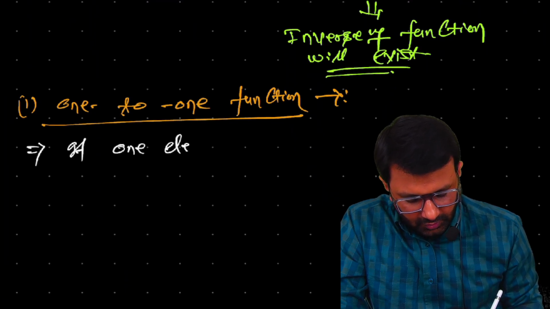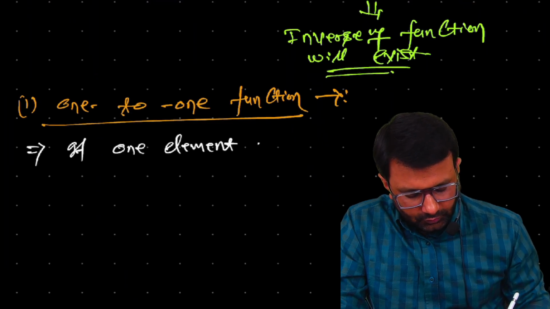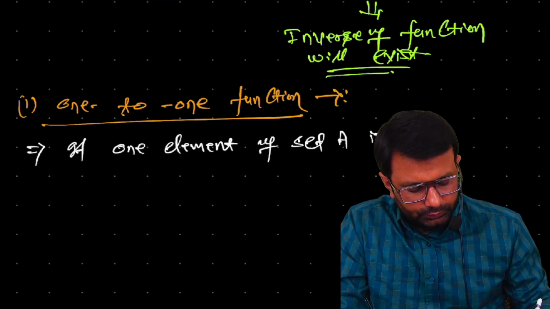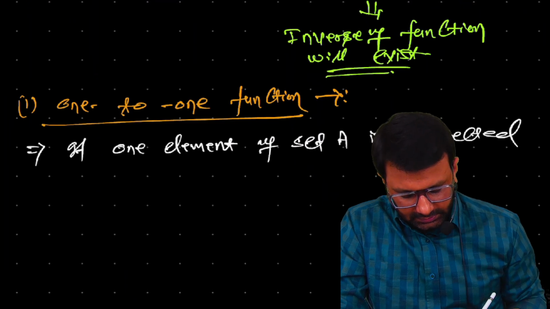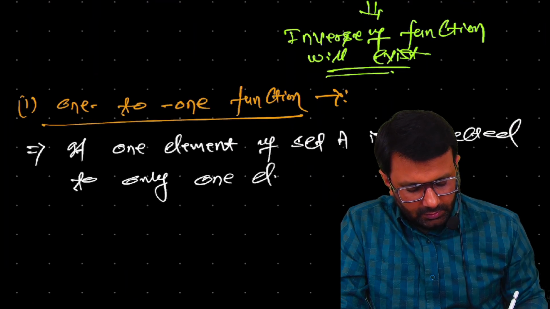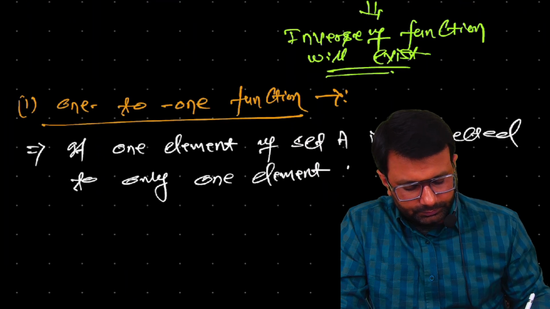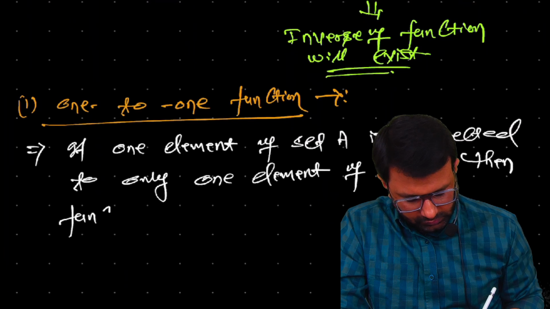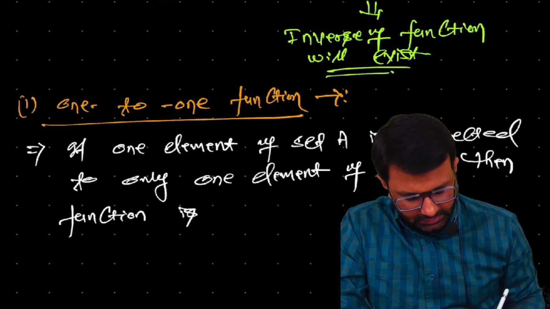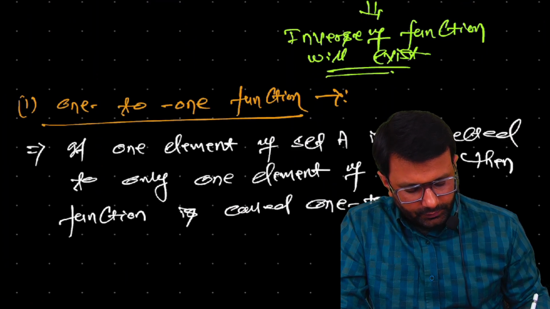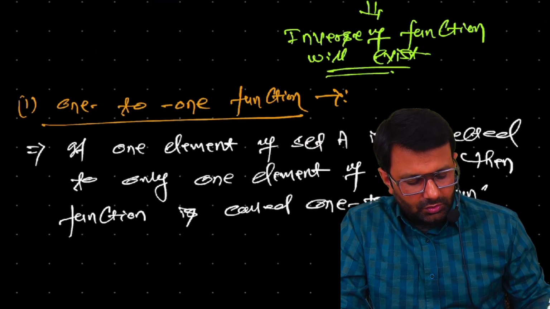If one element of set A is connected to only one element of set B, then the function is called a one to one function.